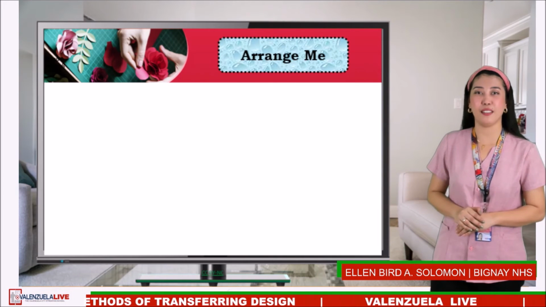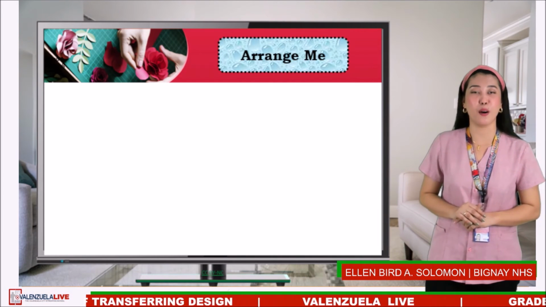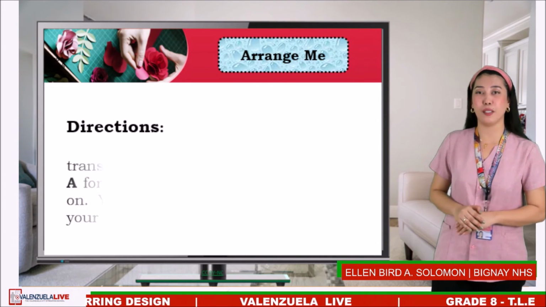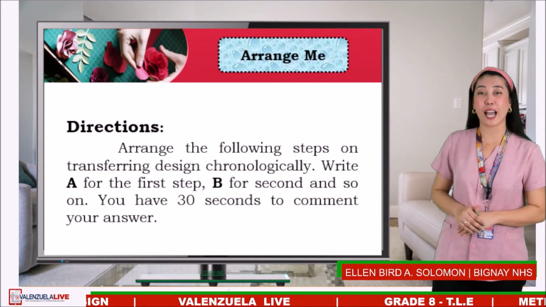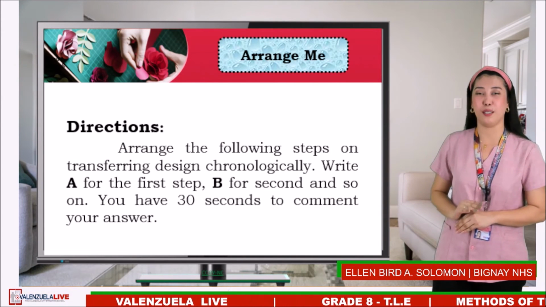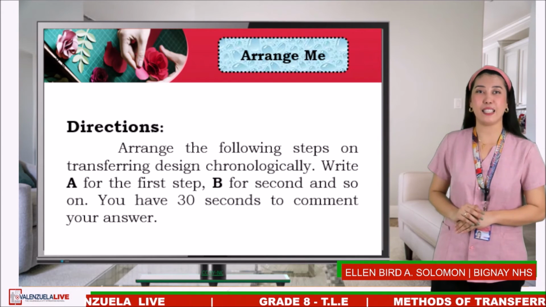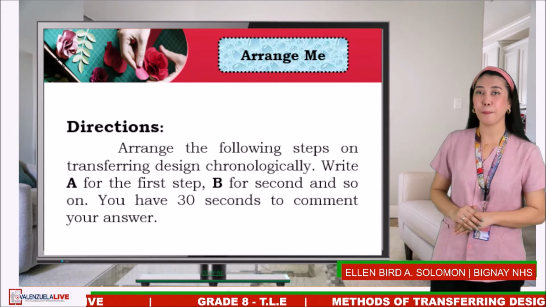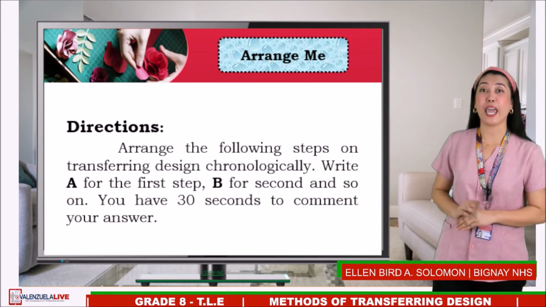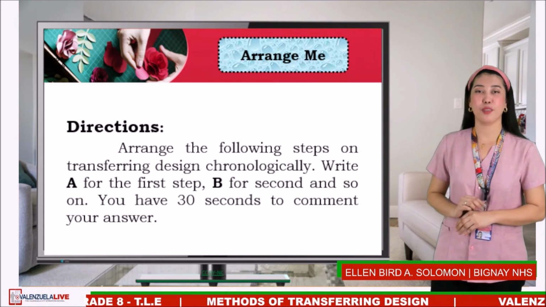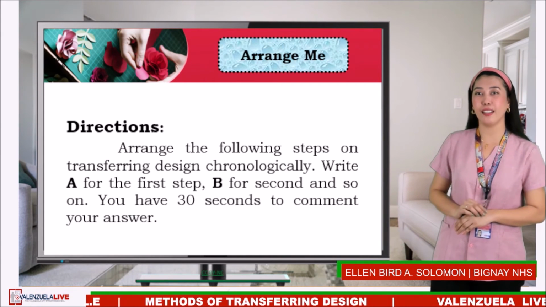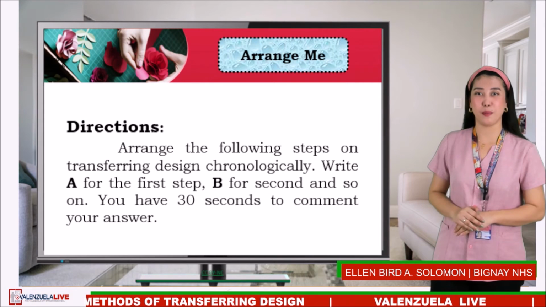For this activity, you are going to arrange the following steps on transferring design in order. Write A for the first step, B for the second, and so on. You have 30 seconds to comment your answer.